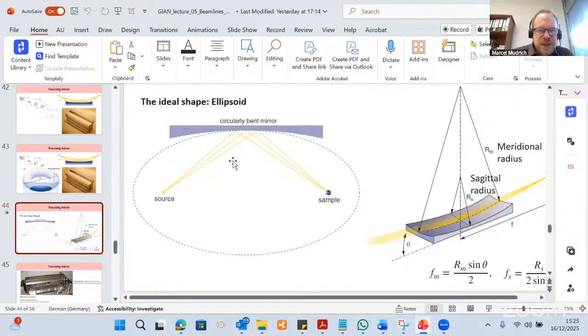This is only because of technical reasons, because fabrication is much easier for these circular profiles, and as long as the beam only illuminates small regions of this toroidal mirror, it is still approximately equal to an ellipsoidal shape, so it would still work quite well, and definitely much cheaper than a real elliptical mirror.